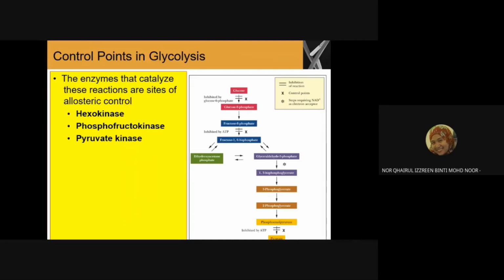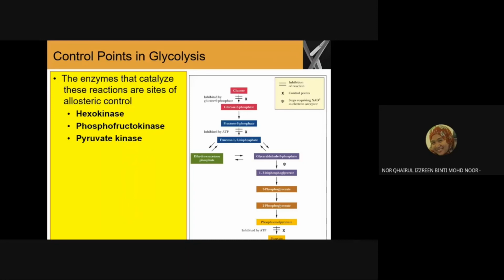Besides making it highly reactive, highly unstable, high in energy, it also changes the conformation to prevent it from crossing the cell membrane. Step number 1 is a control point, which is inhibited by its product, glucose 6-phosphate.